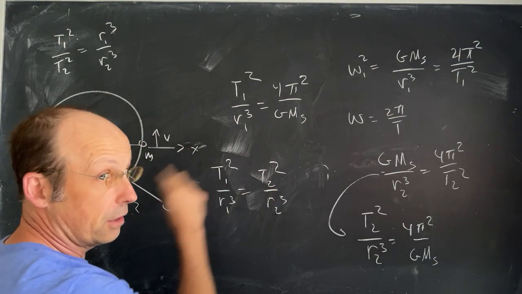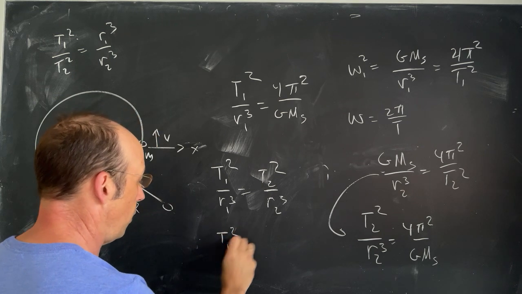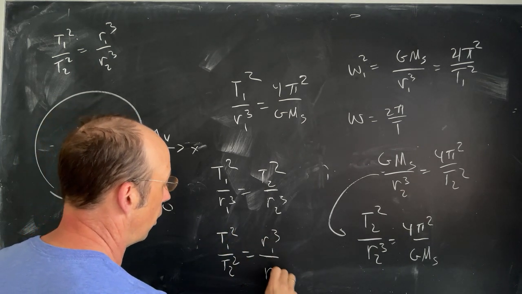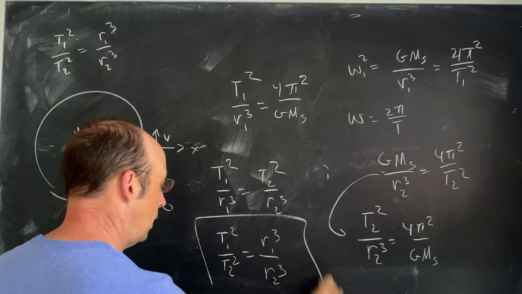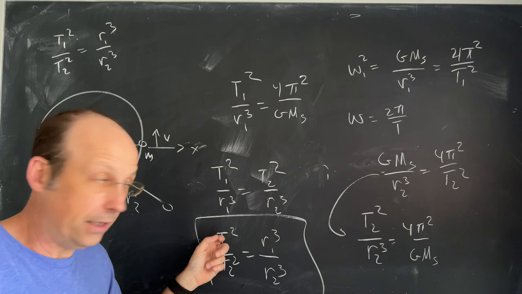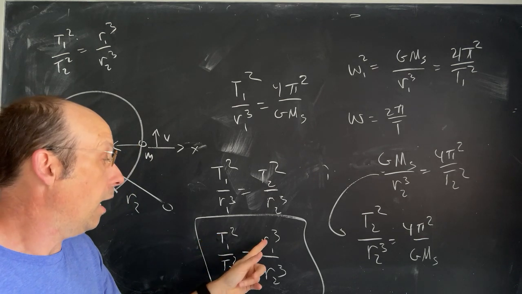And now I can just cross multiply, which I hate to say, but that's actually what you end up doing. I get T1 squared over T2 squared equals r1 cubed over r2 cubed. The end. And if this is in years, that's fine, because you're doing years over years. The units don't matter, it's a ratio. And same thing over here.